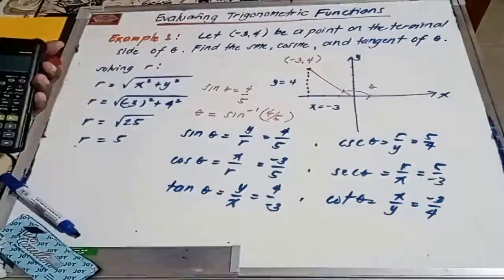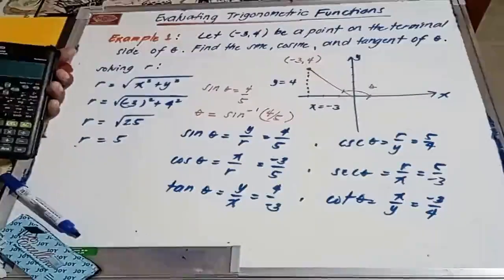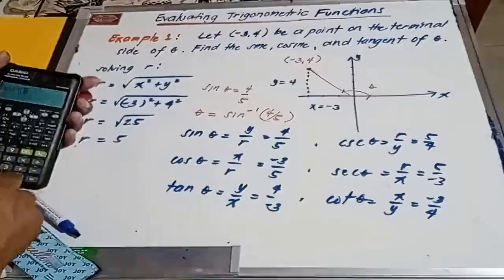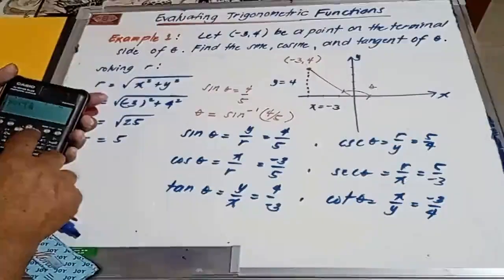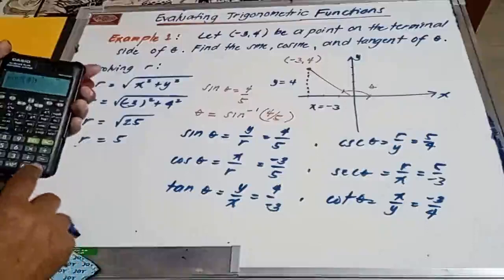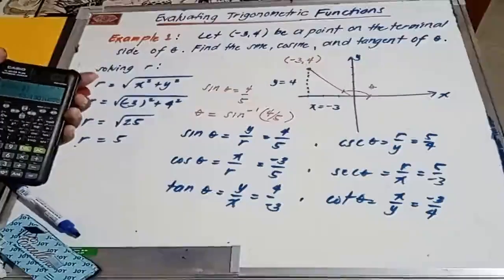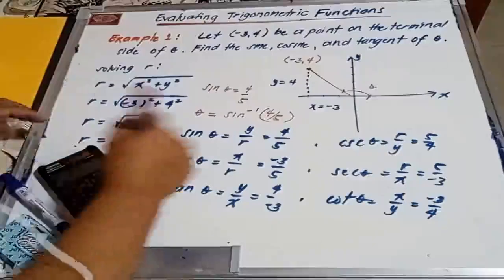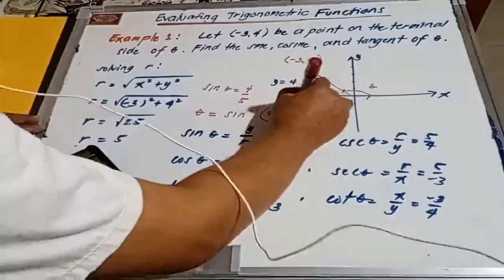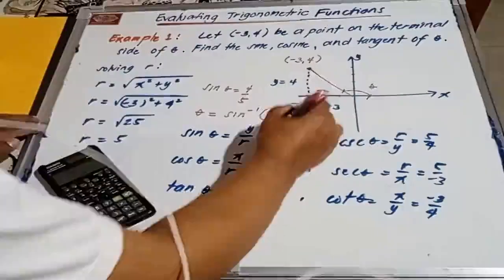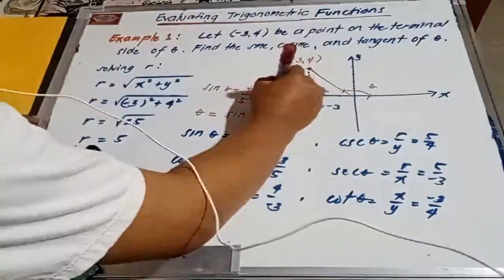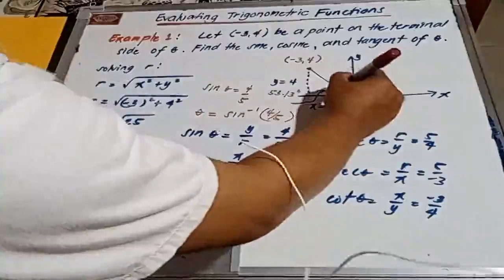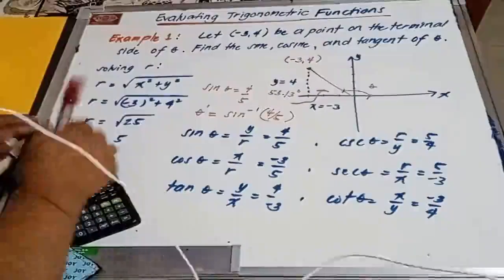Nasa top nung sine button. Okay? So, shift sine to the negative 1, fraction, 4, arrow down, 5, arrow to the right, close parenthesis, and then equals 53.13 degrees. Now, hindi talaga ito yung theta ninyo. Yung reference angle ang nakuha nyo, 53.13 degrees.